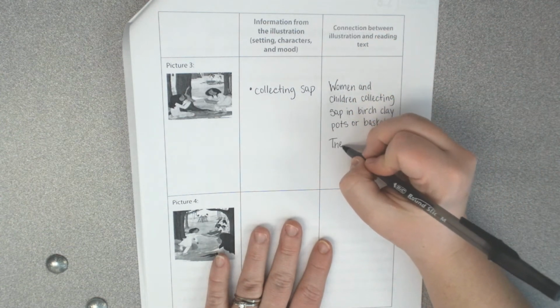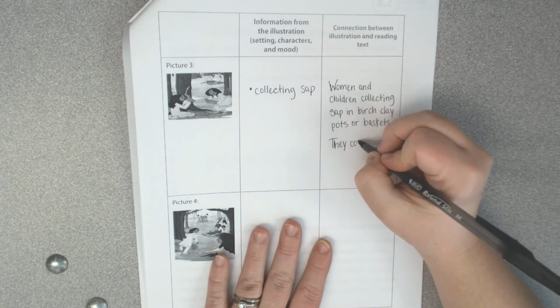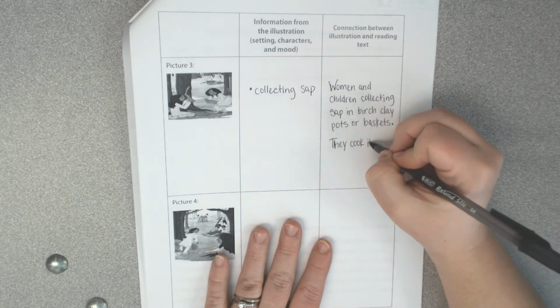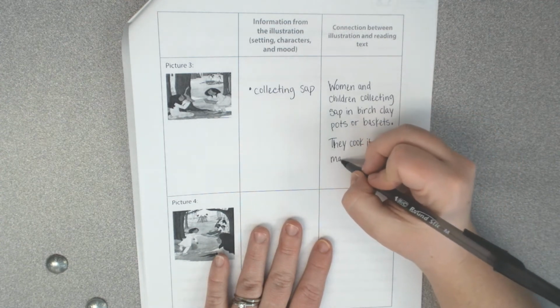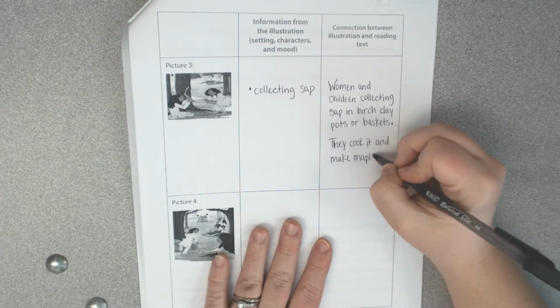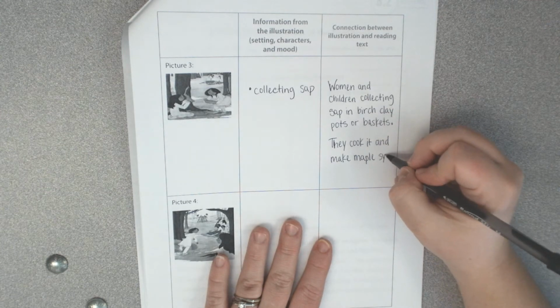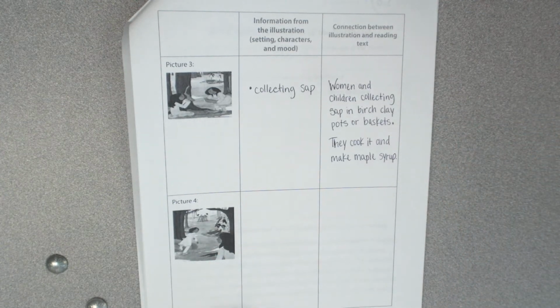And they cook it and make maple syrup. That's what they do. They cook it and they make maple syrup.